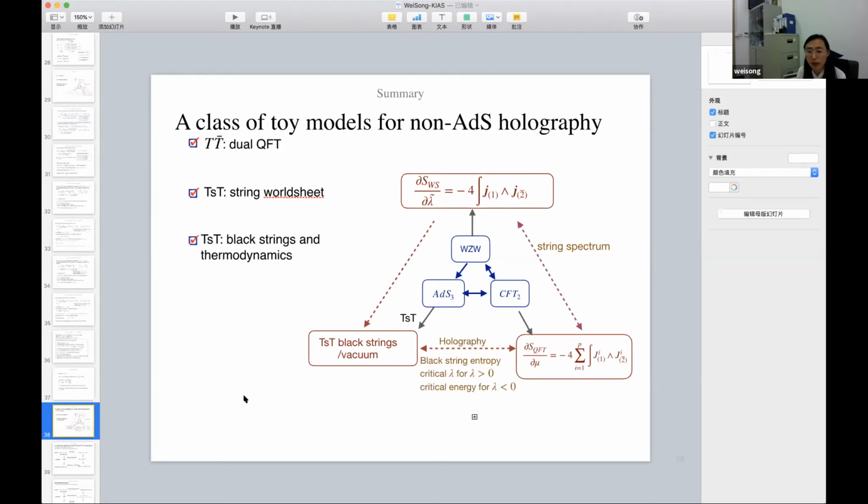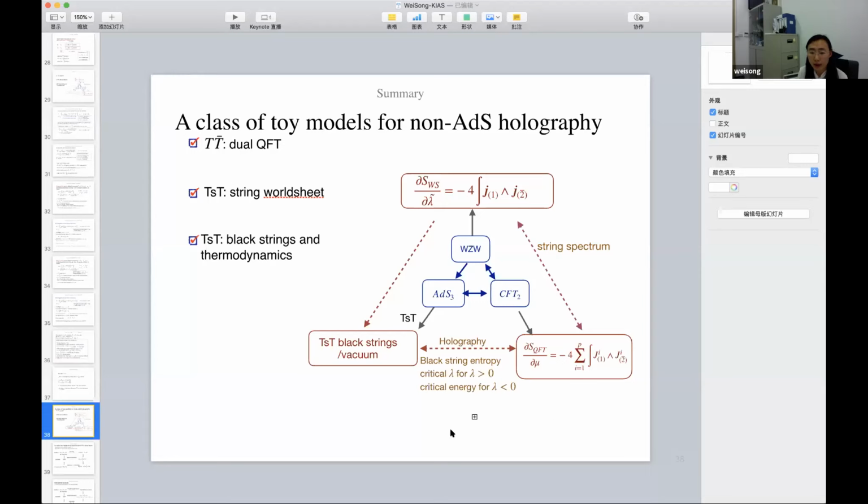I also showed that there are 2 pieces of evidence for this deformation, for this holography. One is that the long string spectrum derived from string theory and the TTbar deformation can be matched precisely.